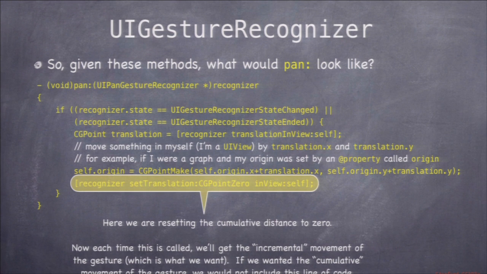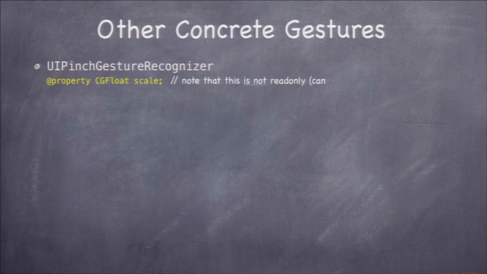Otherwise, I'd have to keep track of where my origin started, and then every time this was called, I'd have to find the difference and then move it that much. This way, I don't have to worry about it. I just keep resetting the thing back to 0, and so I keep getting these tiny changes, and I just keep applying them to my view. This is a very common pattern for these continuous gestures. We're constantly resetting. And we'll do that in our demo. We're going to do pinch, but we'll do the same resetting.